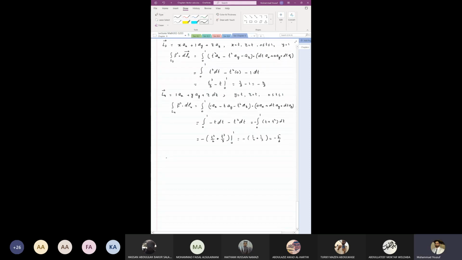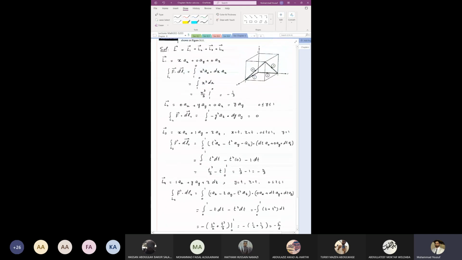So the line integral of F dot dl: the first answer is negative 1 over 3, then 0, negative 1 over 3 plus 0, minus 2 over 3, minus 5 over 6, minus 11 over 6 is the final answer.